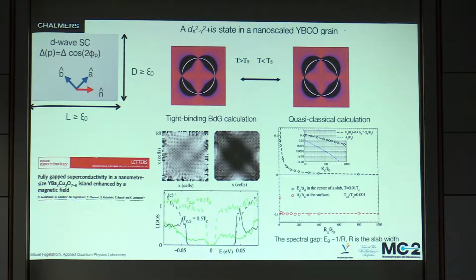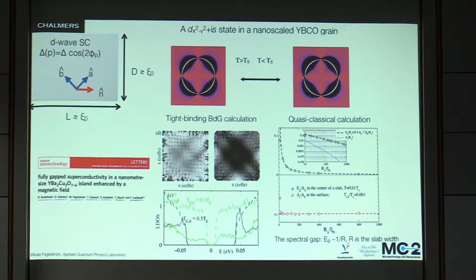Now, we went back and analyzed this data, using the possibility of just introducing a small S-wave at the interface. And what you find then is that it nucleates due to this large density of states that you have. And actually what it does is it gaps the full Fermi surface. So instead of having all these states, you get a finite gap in the nodes all over the place.